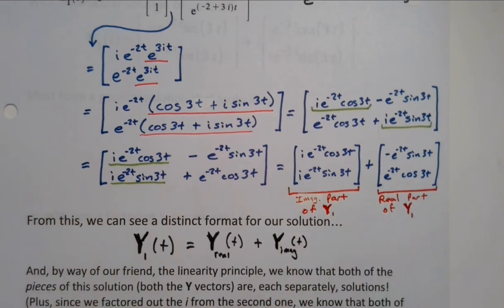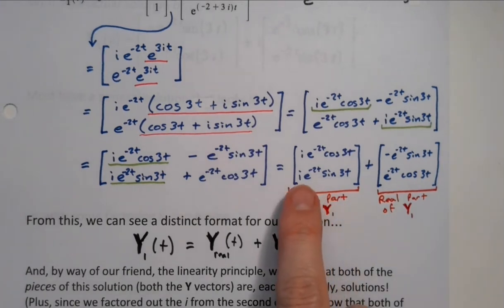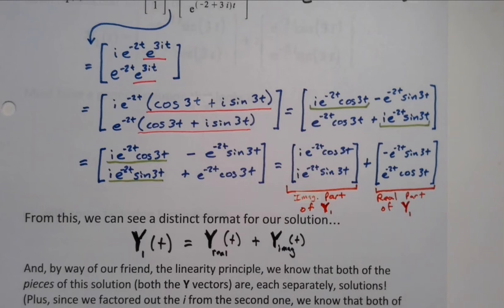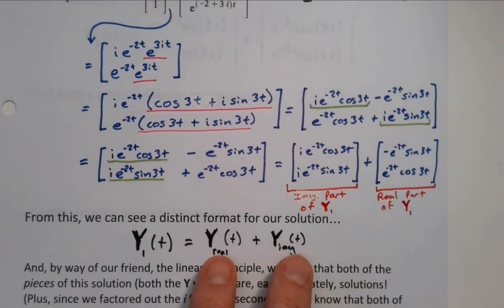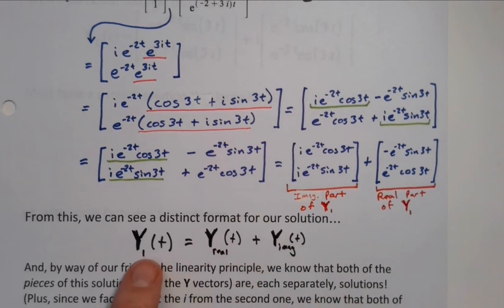And by way of the linearity principle, since that imaginary part really just has a constant multiple of i, I'm showing you that I have two distinct solutions tucked inside of this one particular solution.